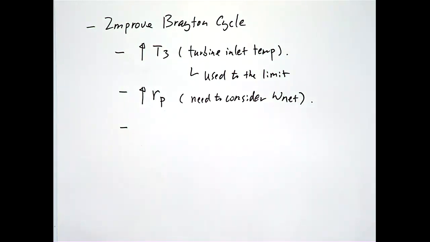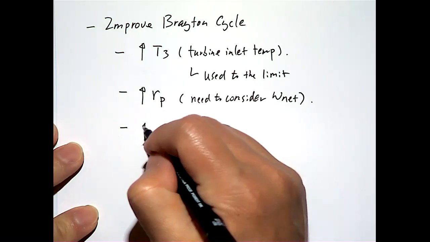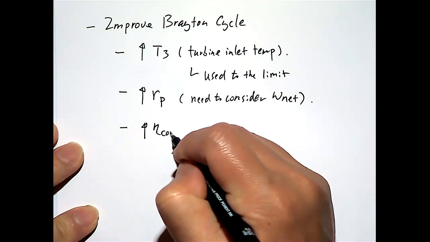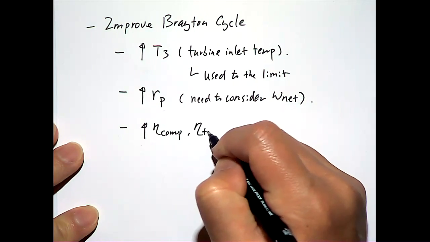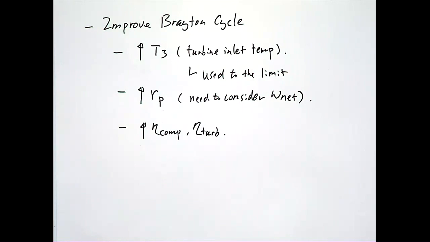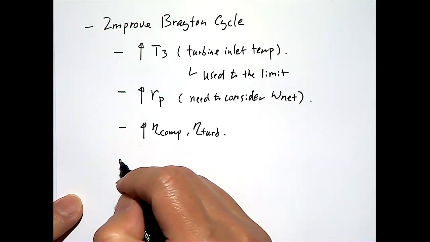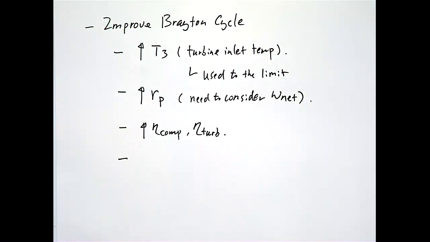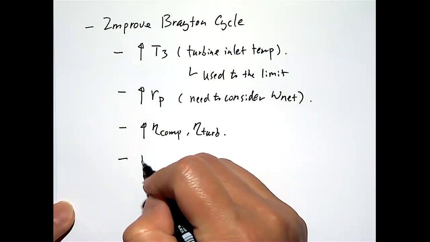And also we discussed that the compressor and the turbine are not always 100% efficient, so we can increase the compressor efficiency and turbine efficiency, to better design this turbo machinery and reduce the loss in these devices. And we also discussed that we can add additional components to the basic cycle to make the process more efficient. So one, we discussed the so-called regeneration.